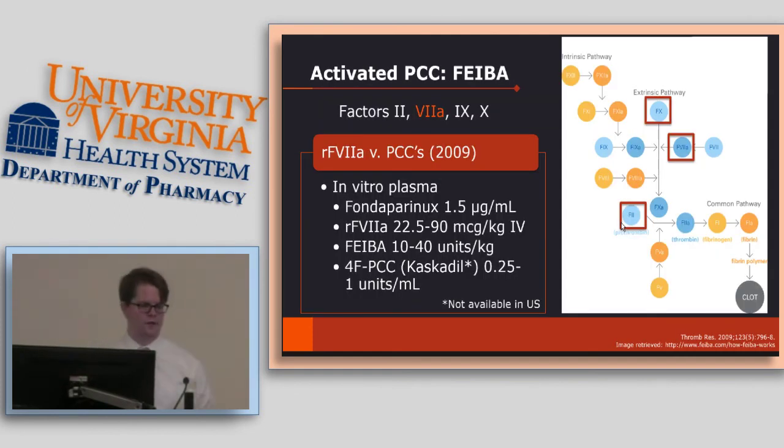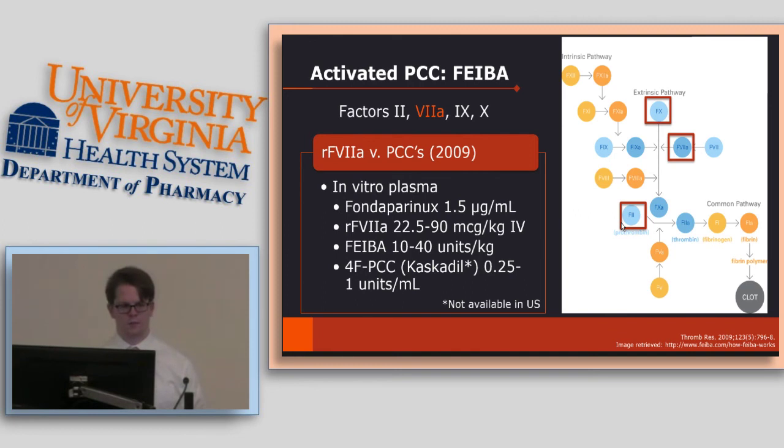The next strategy that was evaluated was use of PCCs, specifically activated PCC, FEIBA, as well as an inactivated 4-factor PCC, Cofact, which is not available in the U.S. So in this case, plasma was exposed to fondaparinux, and then was given one of the 3 treatment strategies that we see here.